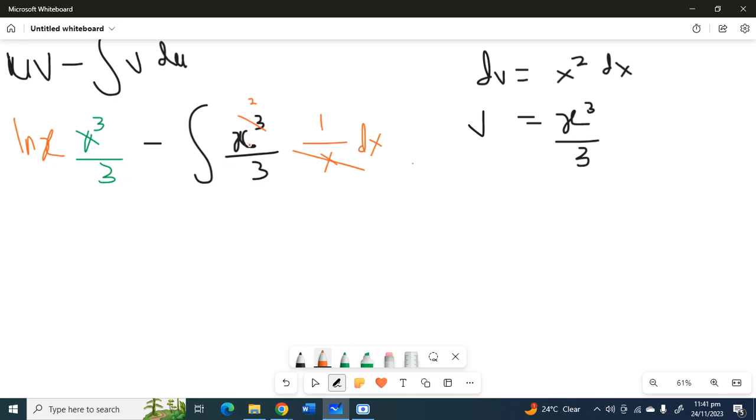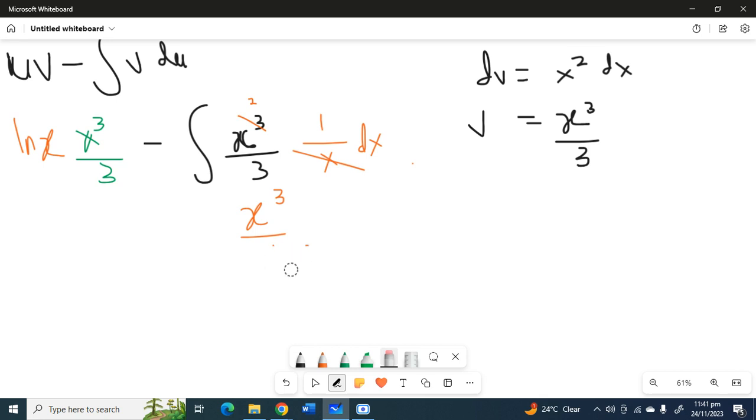If we integrate x squared over 3, we're going to get x to the power 3 over 3. Then remember, at the bottom, it's going to be 2 plus 1. That is 3. 3 times 3, that is 9.